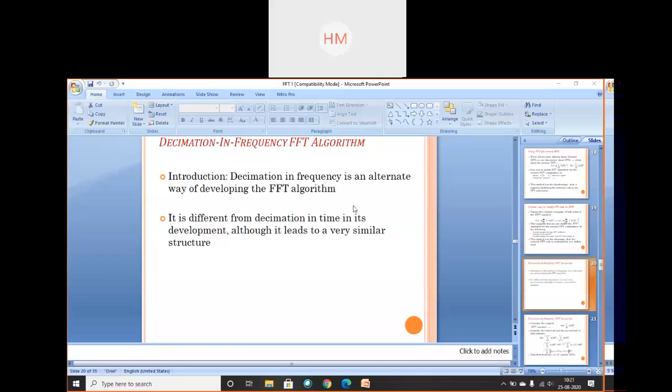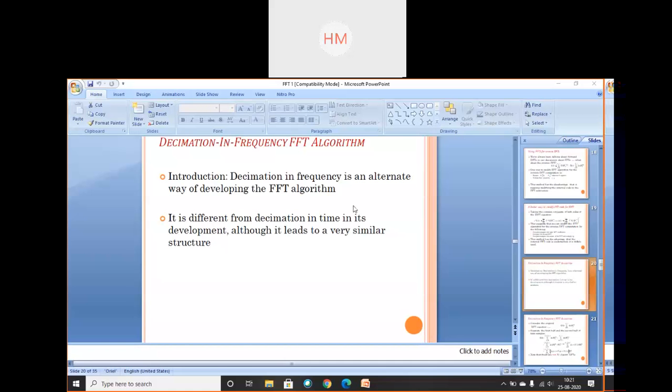Either we can divide the inputs in evens and odds, or we can place the inputs in sequence: from x0 to x7 for 8 point, for a 4 point FFT, x0 to x3 we can put. For 16 point FFT we can put serially x0, x1 till x15.